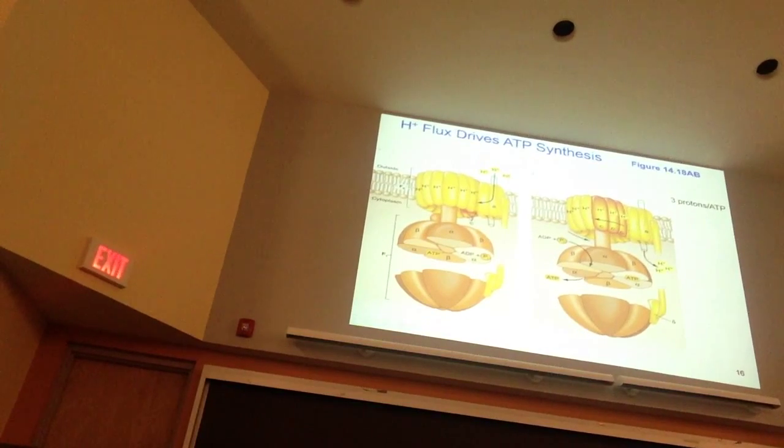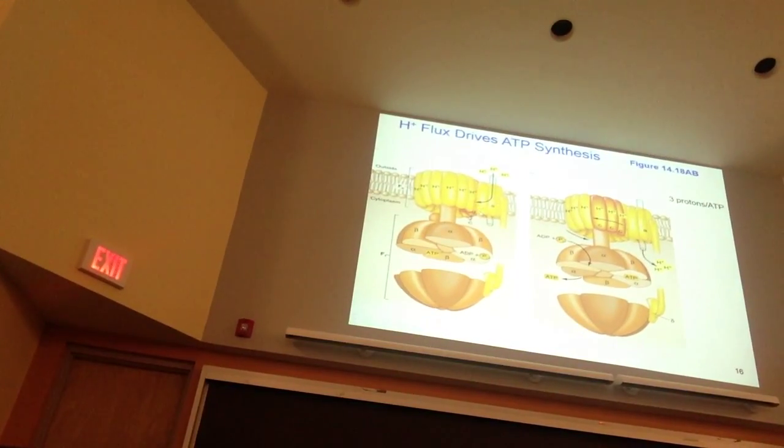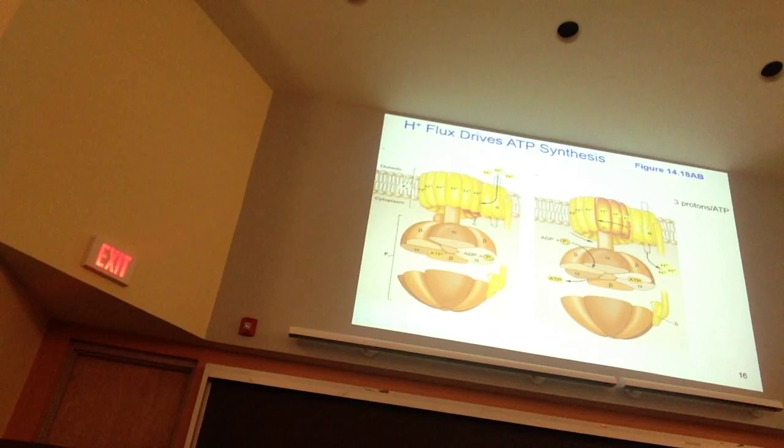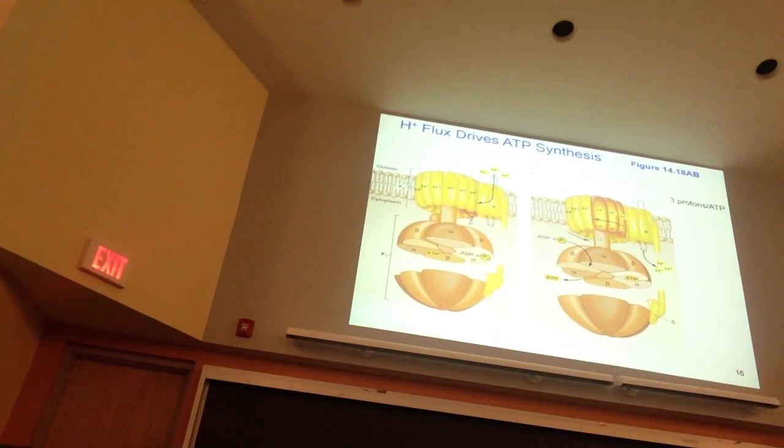And protons flowing through that proton channel accumulate temporarily around the C subunits and cause this rotation. So in the end, you have a spinning ATP synthase, including this axle that transmits the energy to the F1 subunit.